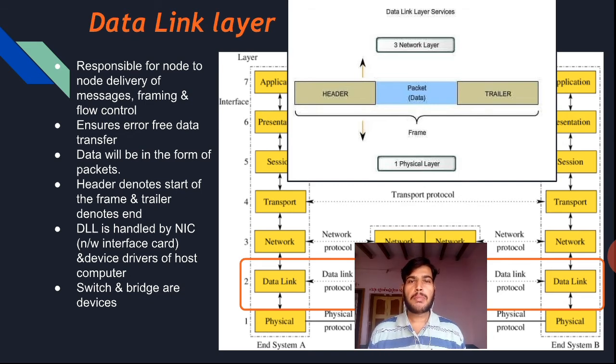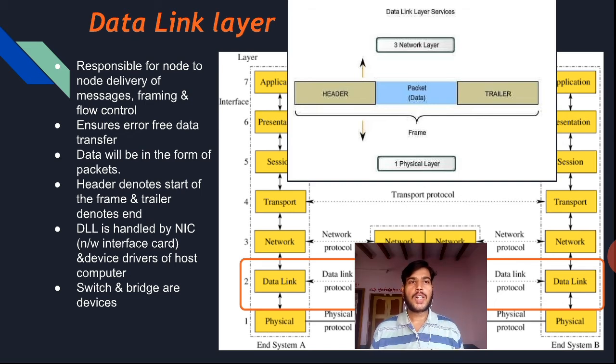What do you mean by framing? Framing is nothing but the way of transmitting some set of bits. In the physical layer, it transfers the binary language codes. But in the data link layer, those bits are grouped together and framed into a single packet.